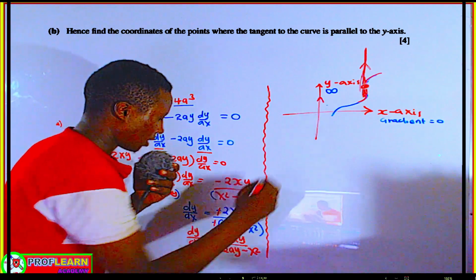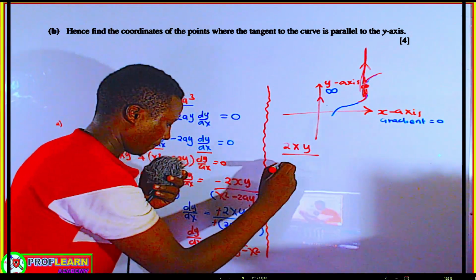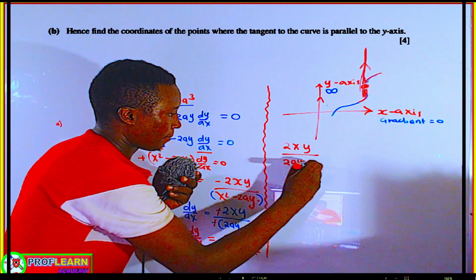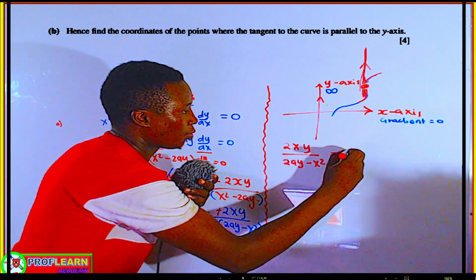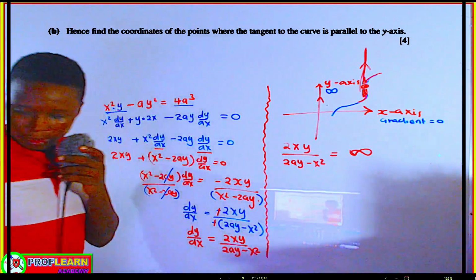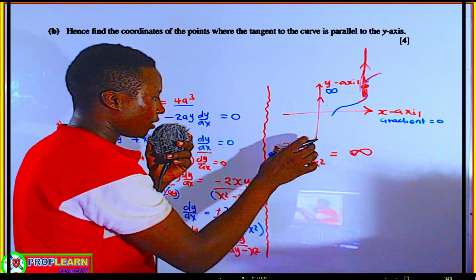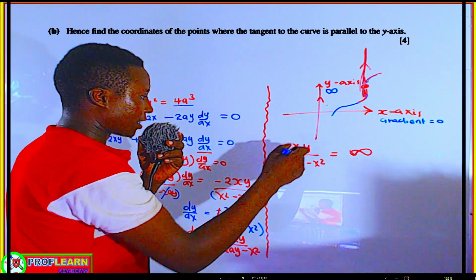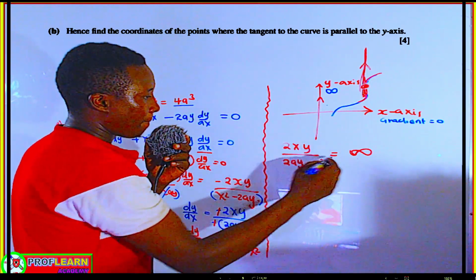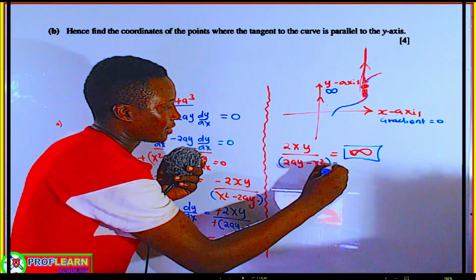So we say 2xy over 2ay minus x squared is equal to infinity. Now, how can we get infinity when we divide an expression like 2xy?